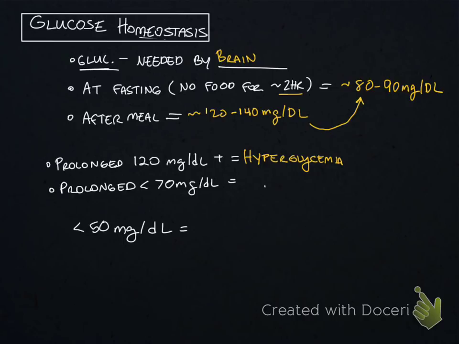On the flip side, if you have prolonged levels that are less than 70 milligrams per deciliter, we call that hypoglycemia. If they are less than 50 milligrams per deciliter for periods of time, we call this hypoglycemic shock.